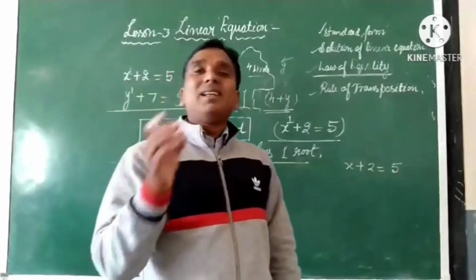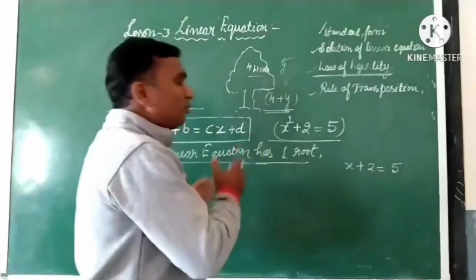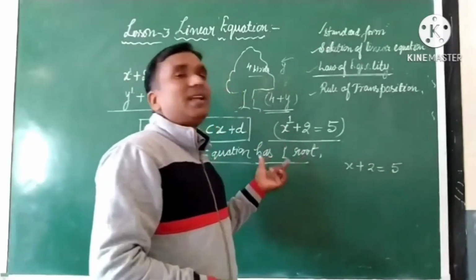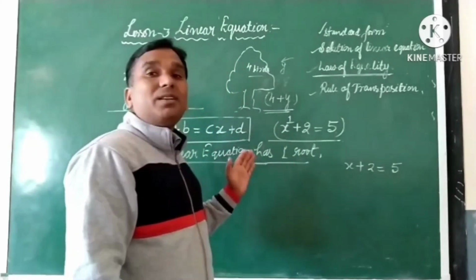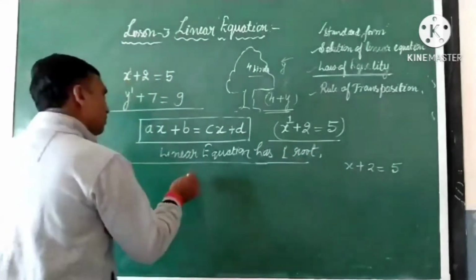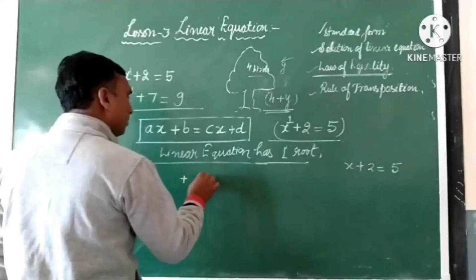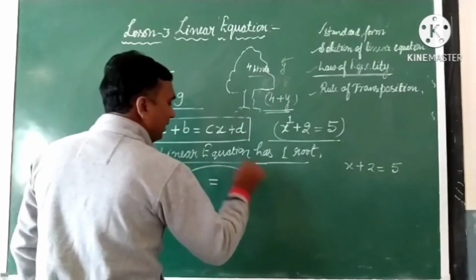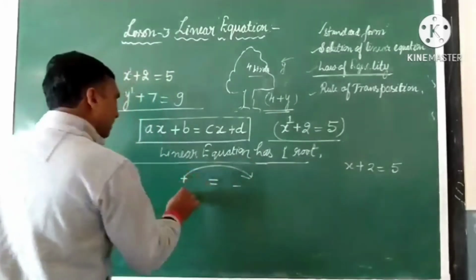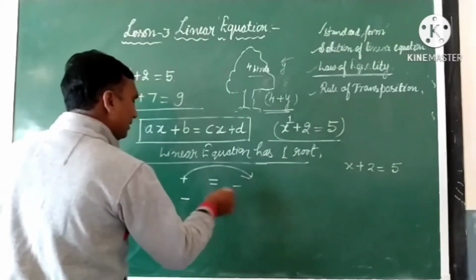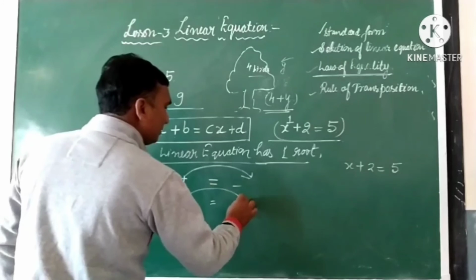If you are carrying any quantity from the left to the right side and that quantity has a plus sign, its sign will change. Means plus, if it goes to the right side, will be minus. If there is a minus symbol and it goes to the right side, it will be plus.